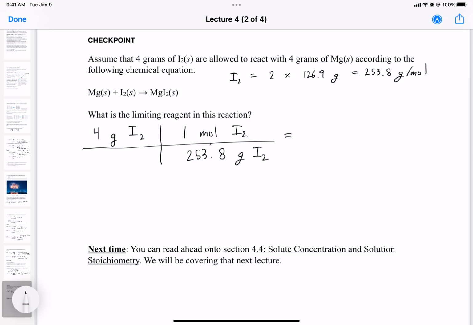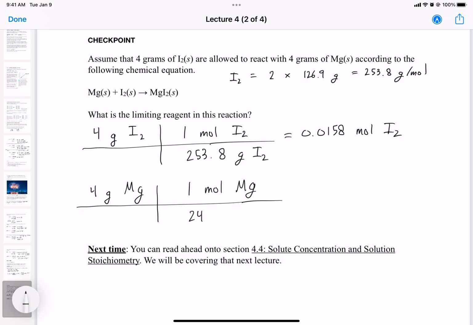All right, so when we do that, we will get 0.0158 moles of iodine. Now let's convert 4 grams of magnesium. We know that 1 mole of magnesium is equal to 24.31 grams of magnesium based off the periodic table.